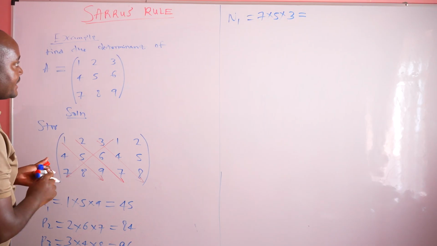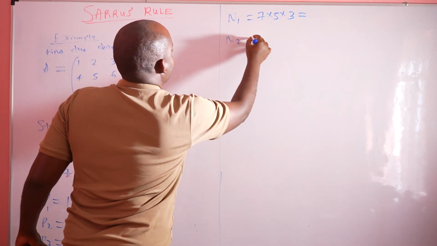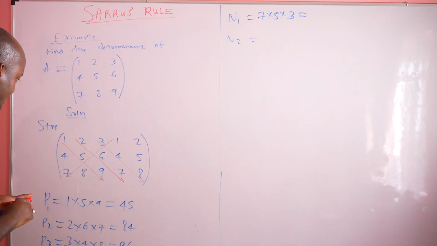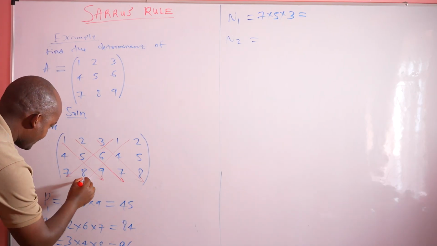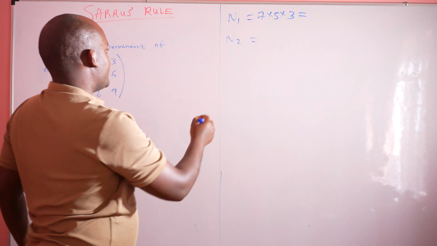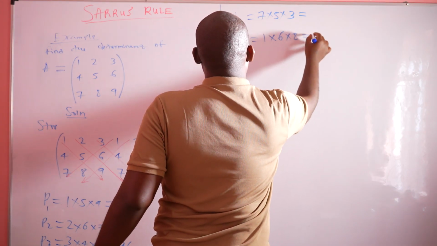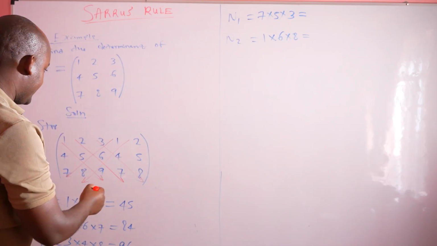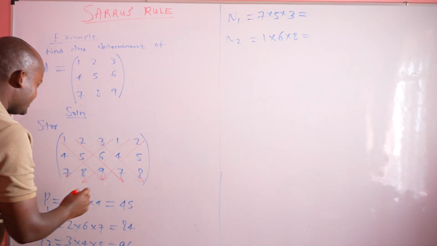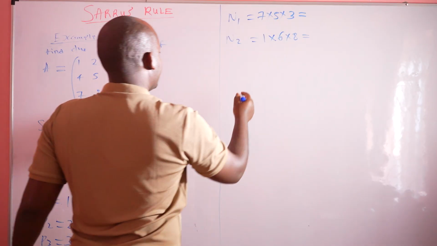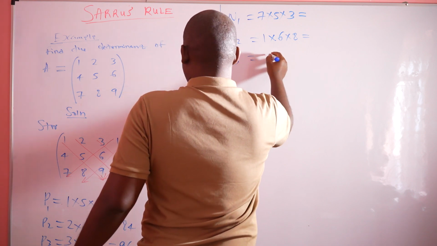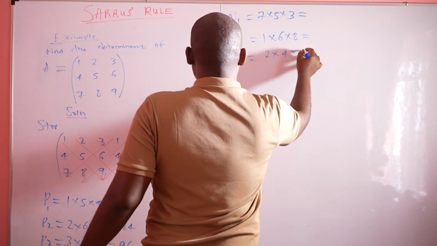Next it is N2, which will be the second diagonal, equal to 1 times 6 times 8. The third one is N3, which will be that diagonal, and this will be equal to 2 times 4 times 9.